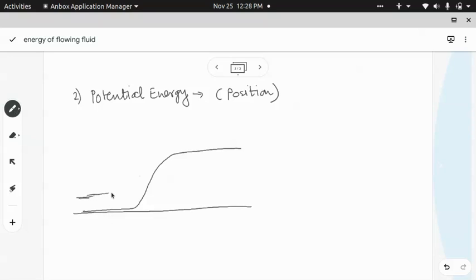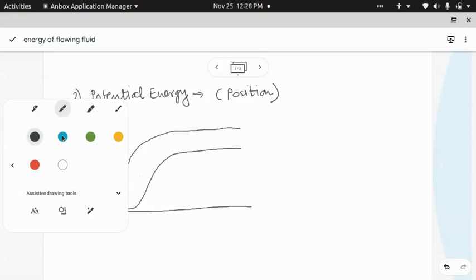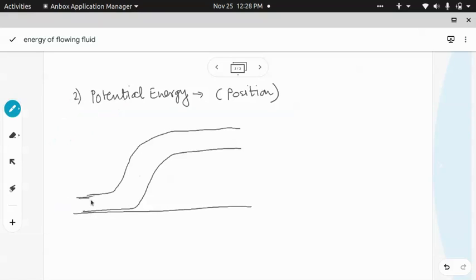So like this and like this. Okay, so the tube is like this, suppose, and it is filled with the fluid which is flowing. I will draw the fluid too, which is flowing in, and show the direction like this.